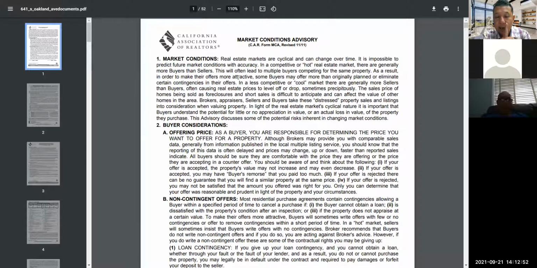So given this fact, this is what this disclosure is for. It is saying that the real estate market is very cyclical. It can change over time. And it is impossible for realtors, even for economists like myself, or for any CEO or any other industry analyst, to predict exactly how the future market will be with guaranteed accuracy.